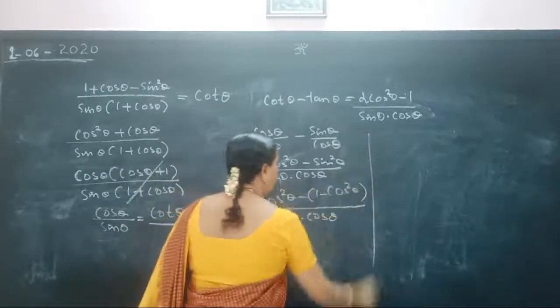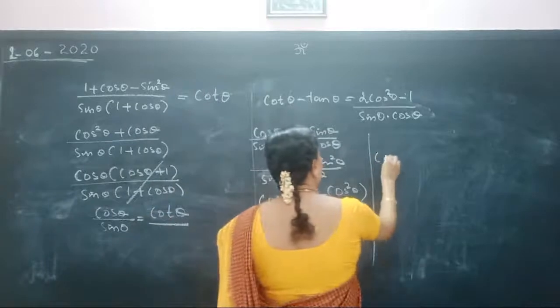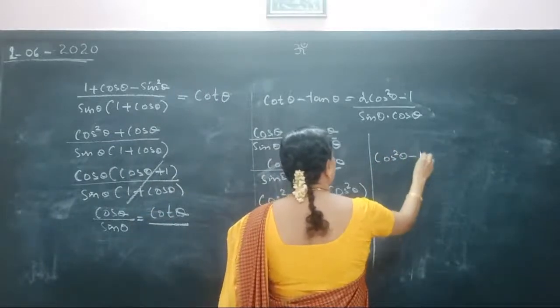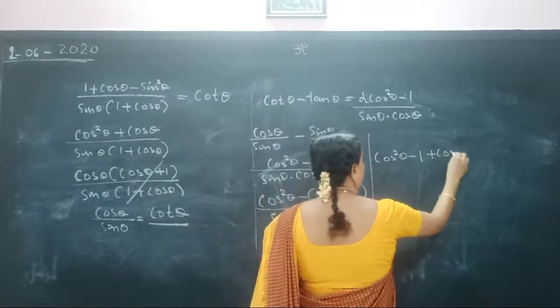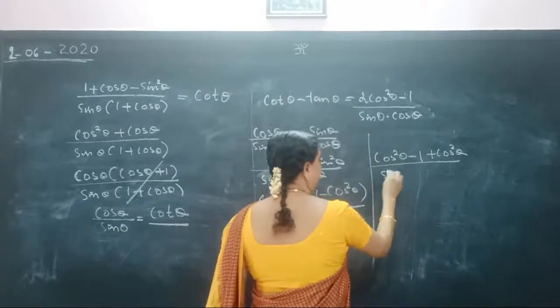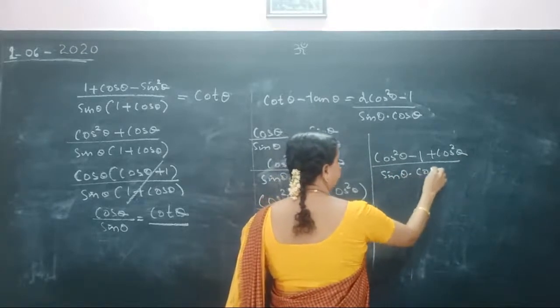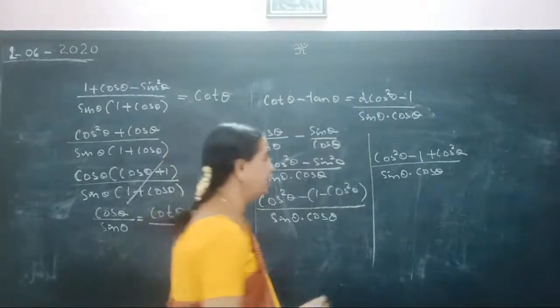Now simplify by opening the bracket. What you get? Cos square theta minus 1, minus into minus plus, cos square theta, by sin theta into cos theta. Can we add cos square theta plus cos square theta?